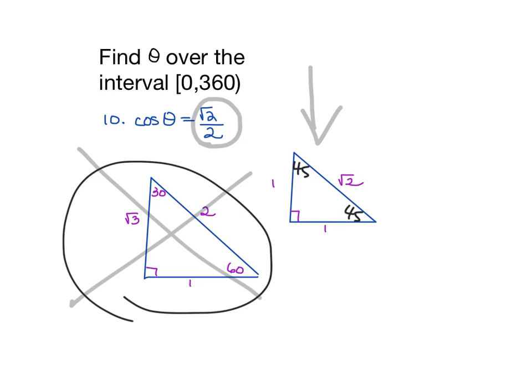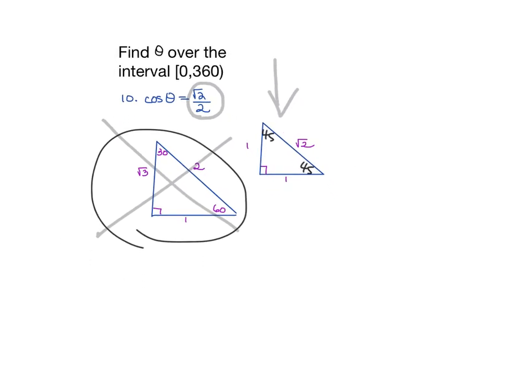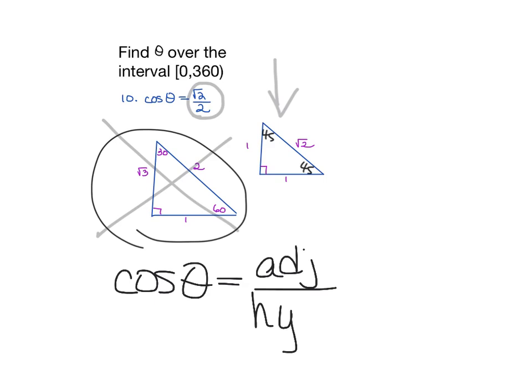So now that I've determined that I'm using the 45, 45, 90 right triangle, what I should do is figure out what cosine stands for, and cosine of theta is really adjacent over hypotenuse.